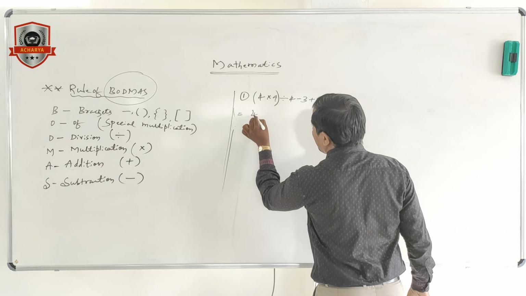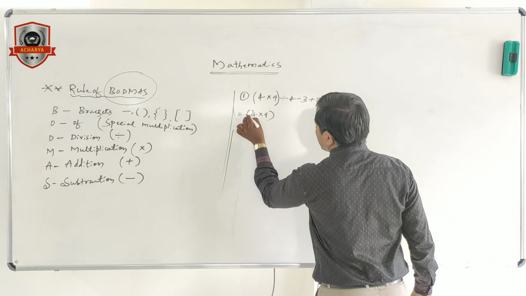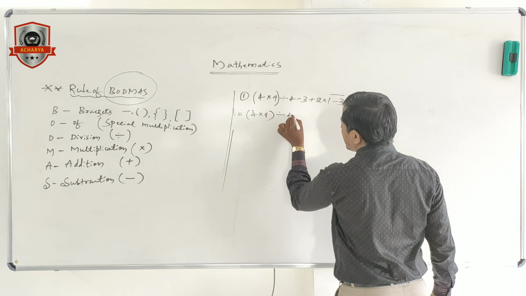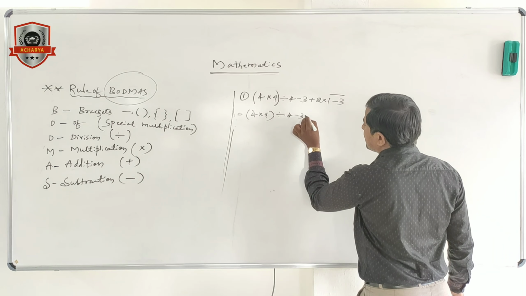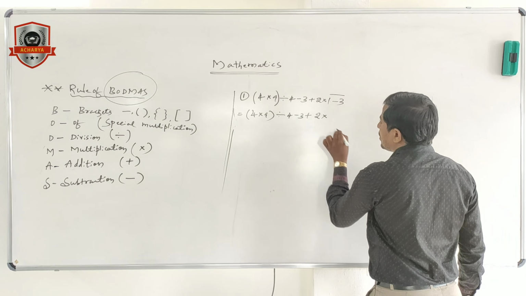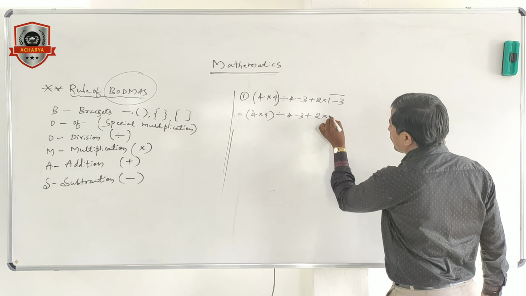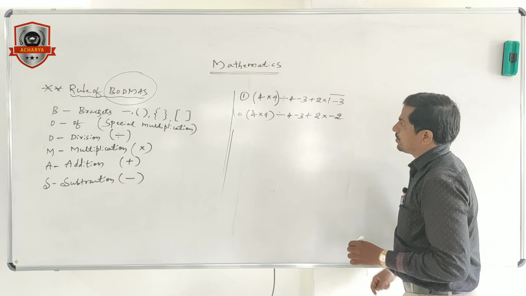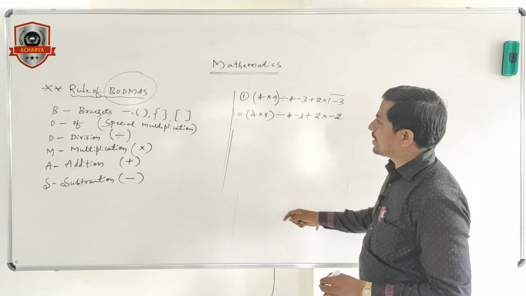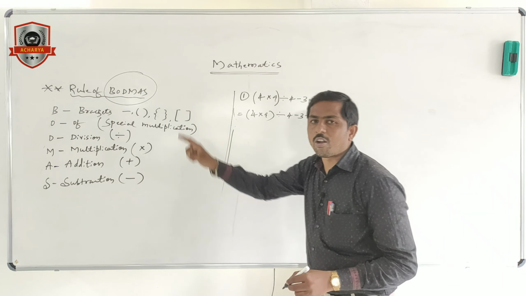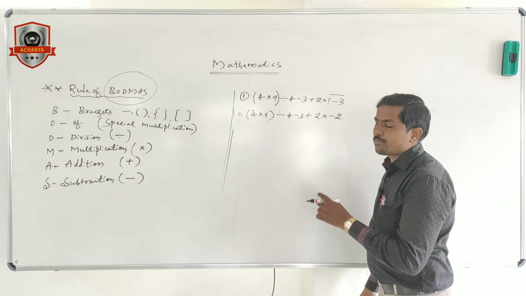Remaining written as it is: 4 into 9, close the bracket, divided by 4 minus 3 plus 2 into 1 minus 3, which is what? Minus 2. The bar bracket is over. But next we have the small bracket.